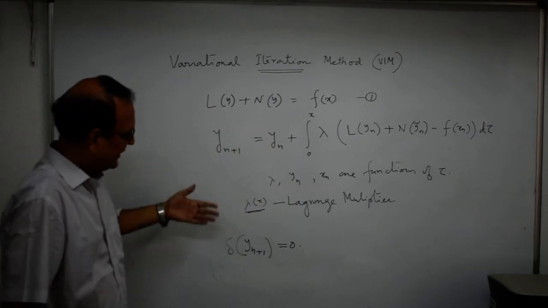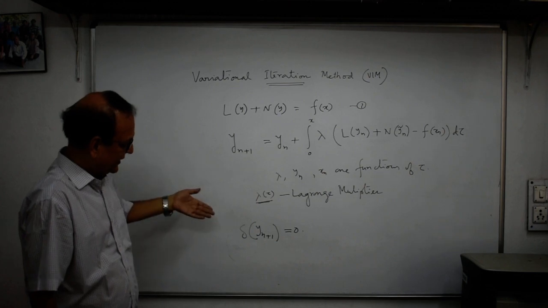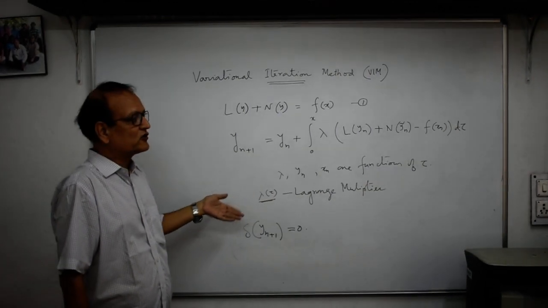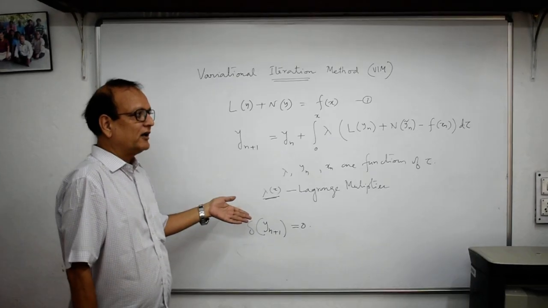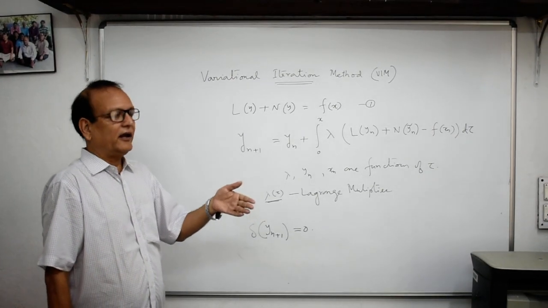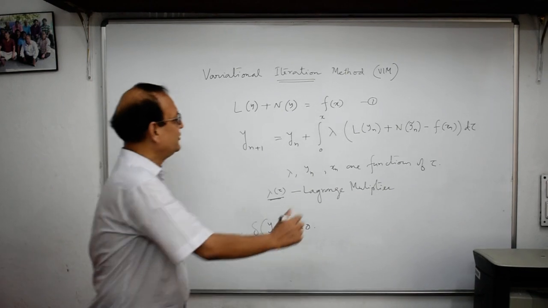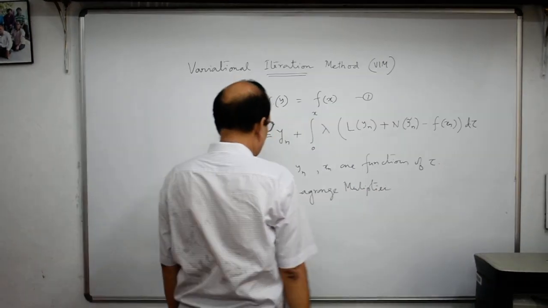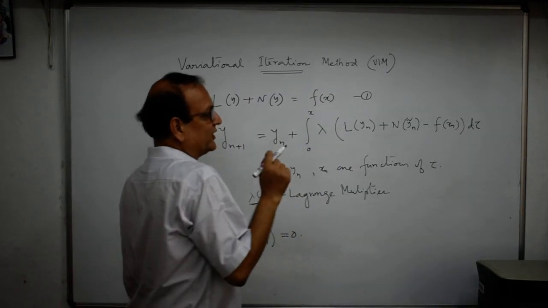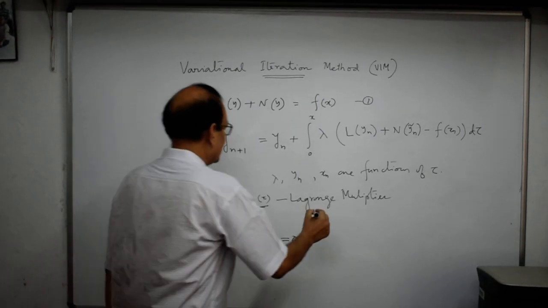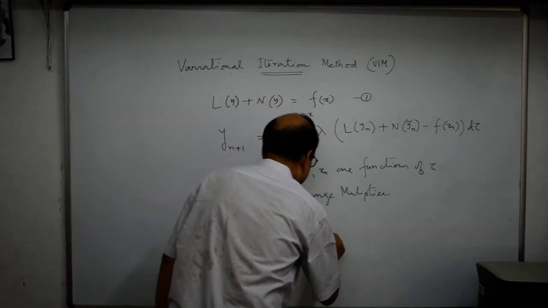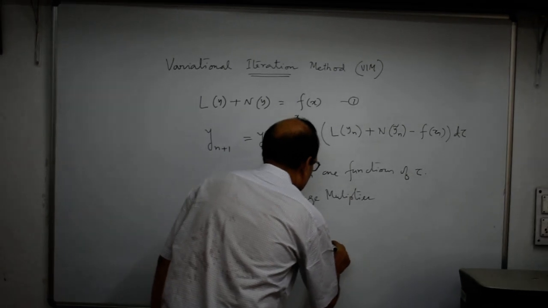That is, the error that will occur after the n+1th stage is under the error of tolerance, that is, it is almost equal to 0. And here for the nonlinear term we use some restricted variation, that is delta.